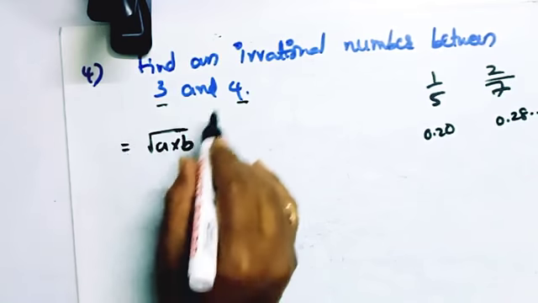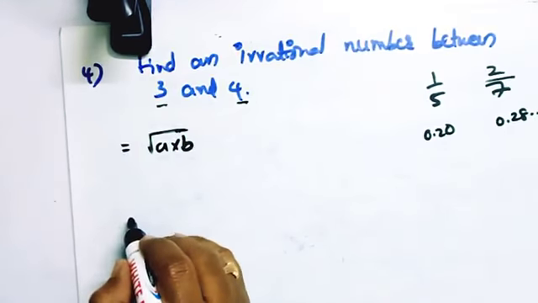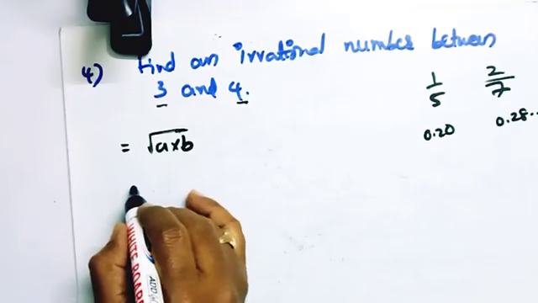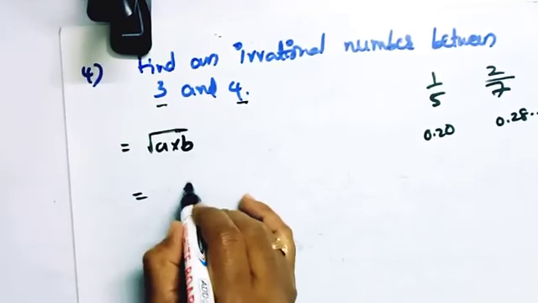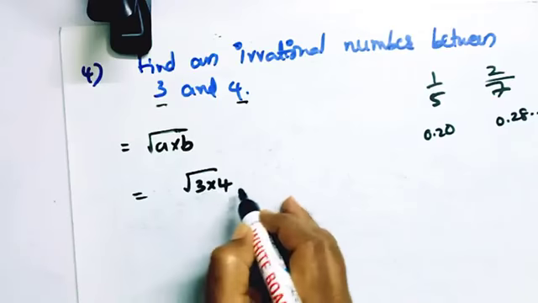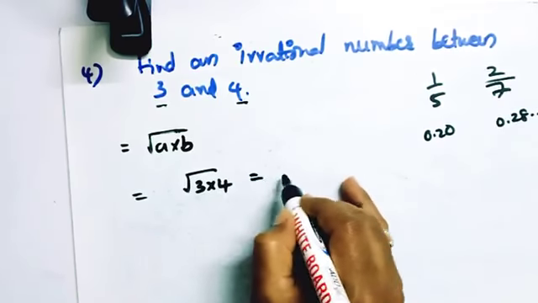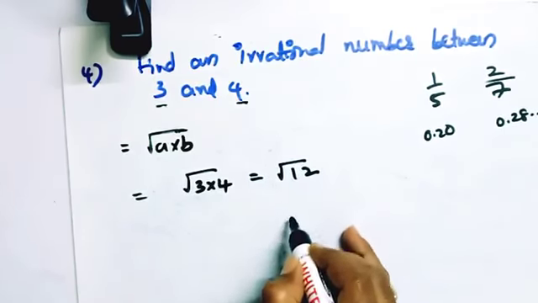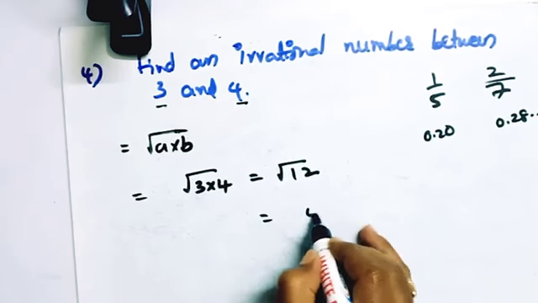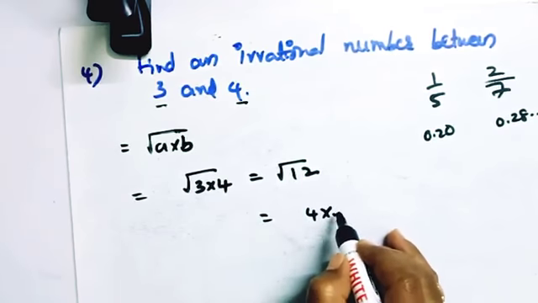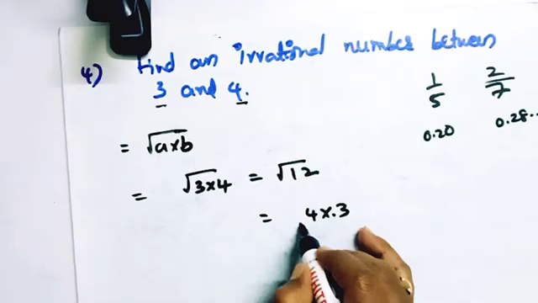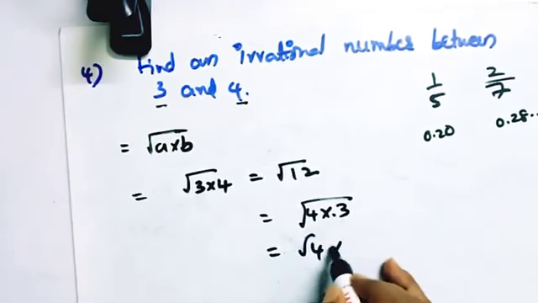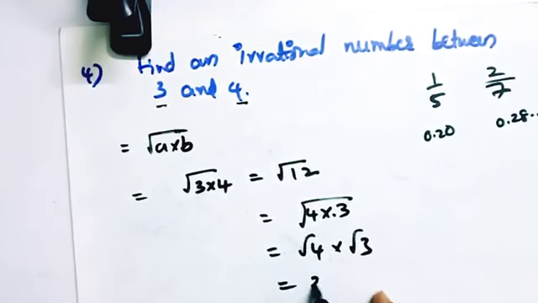By using this formula we can find the irrational number between the given two numbers, that is √(3×4). The next answer is you will get √12. So for √12, you should write 4 as 4 into 3, so you can write √4 into √3. √4 means 2, and √3 stays as it is. The answer is 2√3.